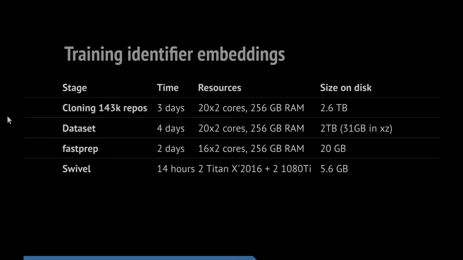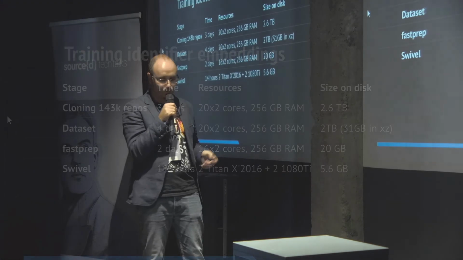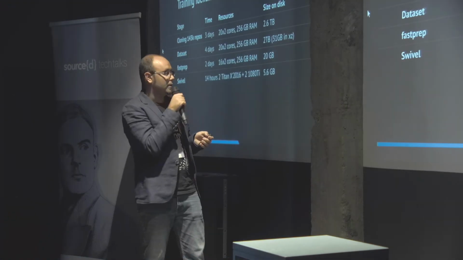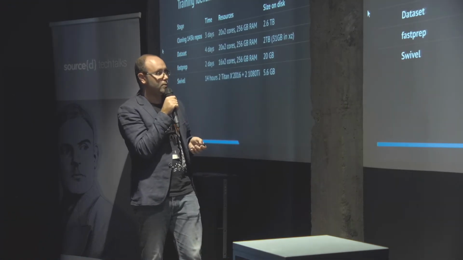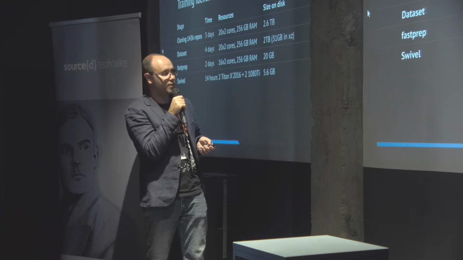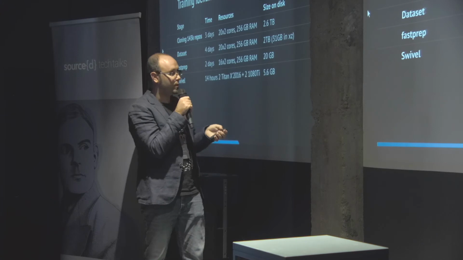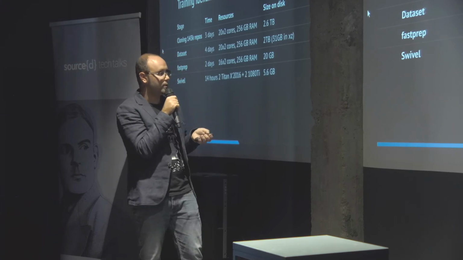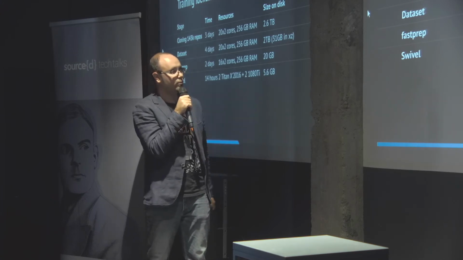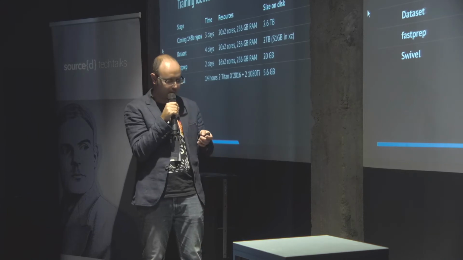And then fast prep is a utility from Swivel, which runs on a single node. We optimized it to work better, but still it took 2 days, and you end up with a 20 gigabyte sharded co-occurrence matrix. Finally, you apply TensorFlow with Swivel and get about a 5.6 gigabyte embeddings file.